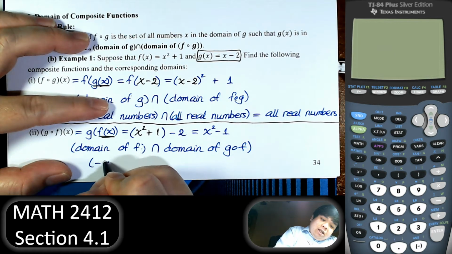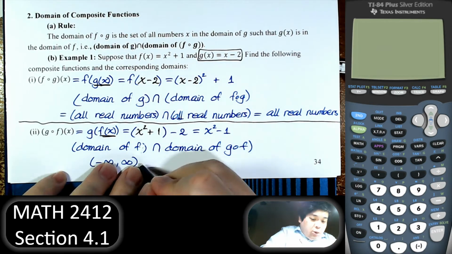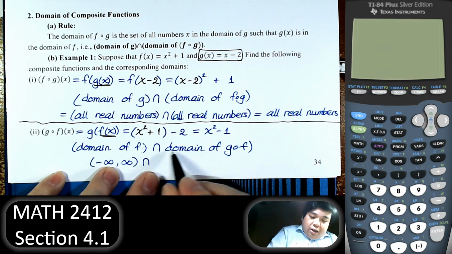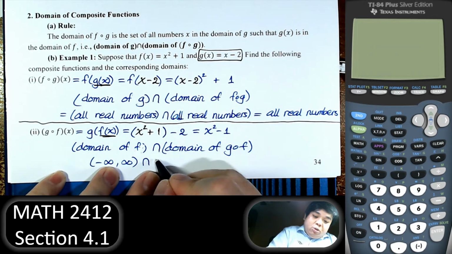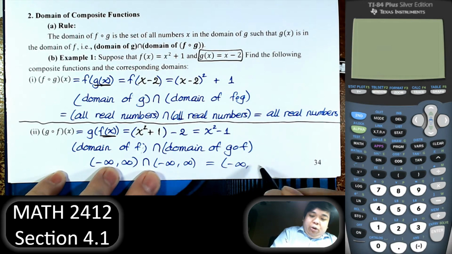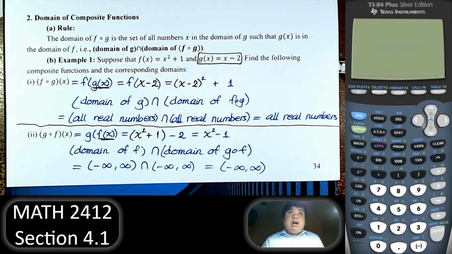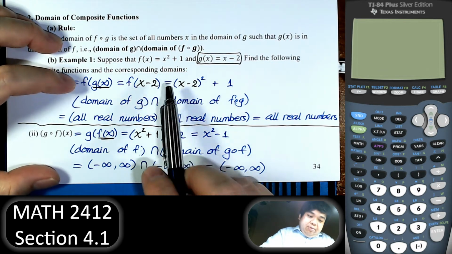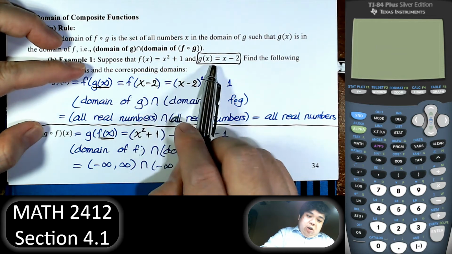So let's say we have that in interval notation. We intersect with the domain of g of f, which is a polynomial as well. So all real numbers intersect with all real numbers is all real numbers. Right, so we can write just like that. Yeah. So g of f of x. So put f of x into function g.